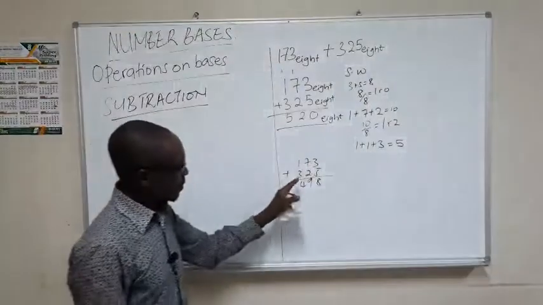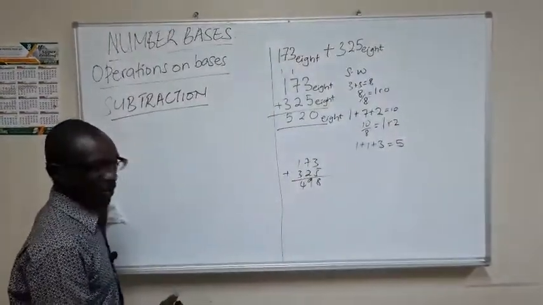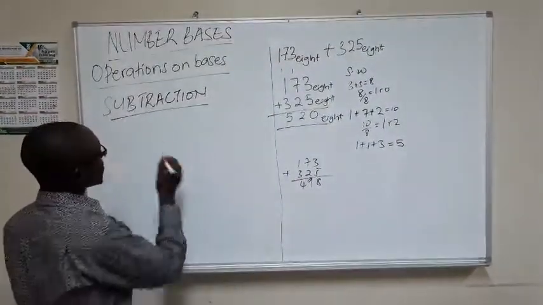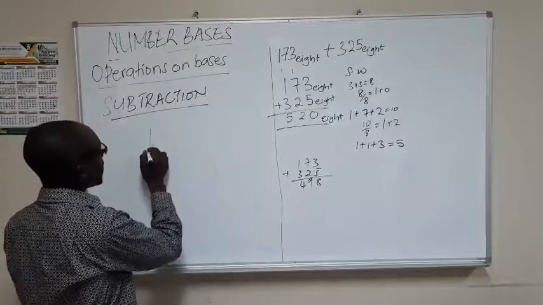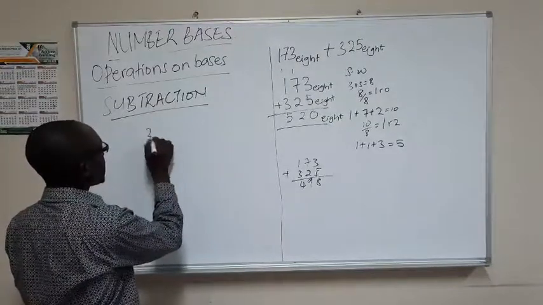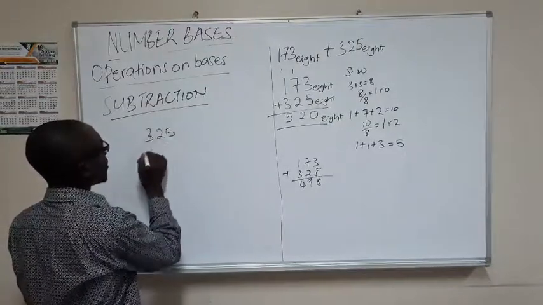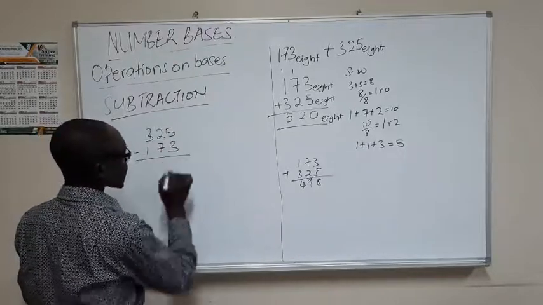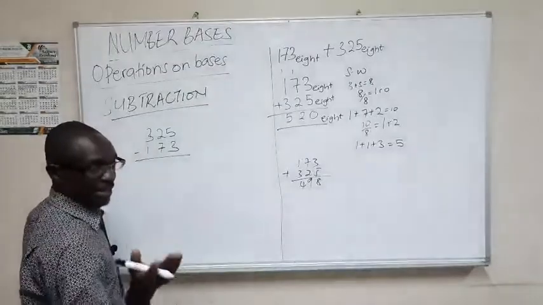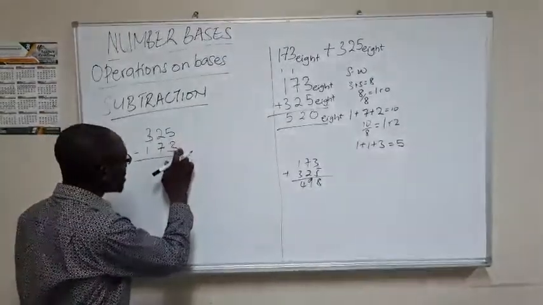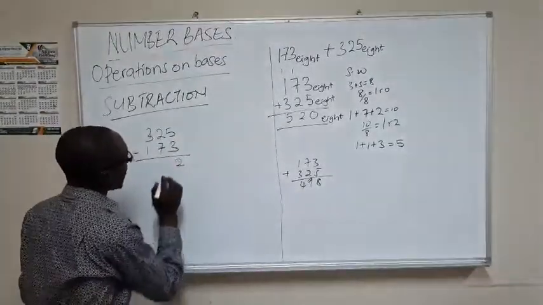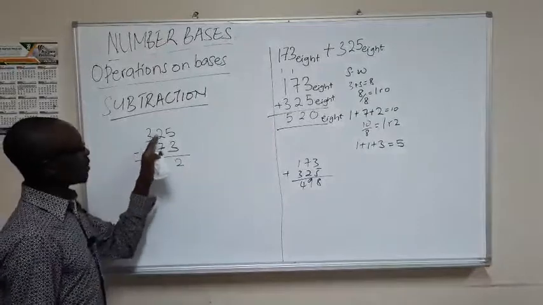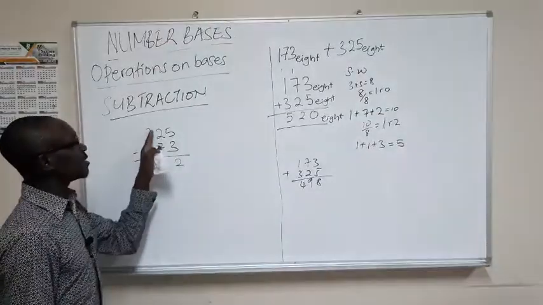For example, using this very example, which we know most of us, 325 subtracting 173. In base 10, 5 minus 3 is 2. But when we come here, 2 minus 7 gives us a negative.